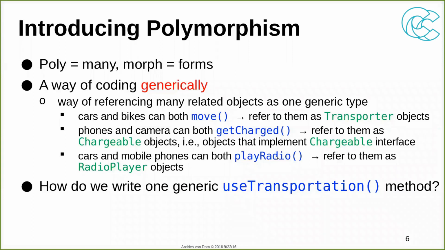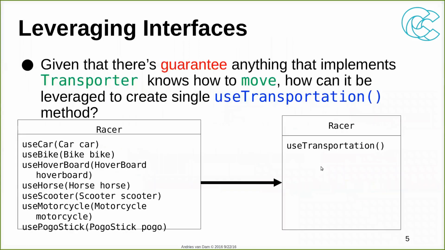Okay, so now let's get back to the useTransportation method here, which is part of the racer class. If we are not making use of this general useTransportation, we would have to do something like this, right?